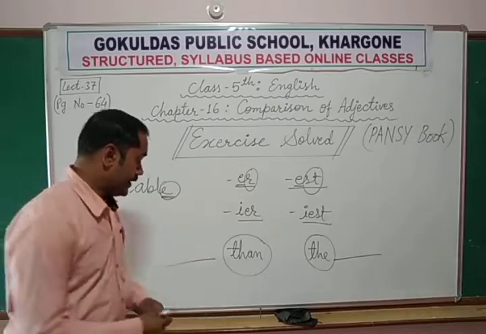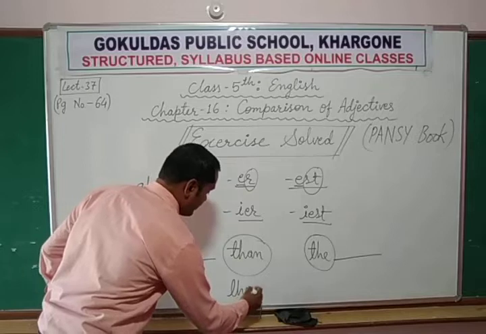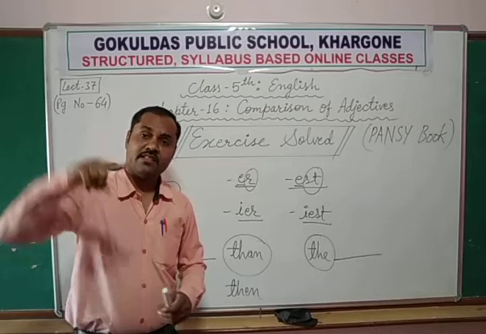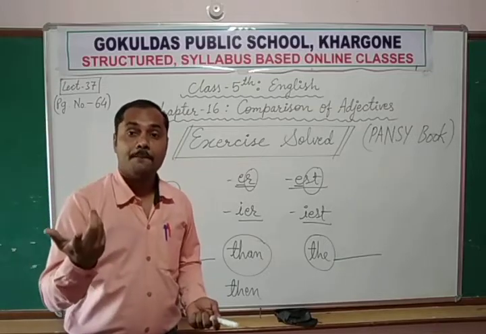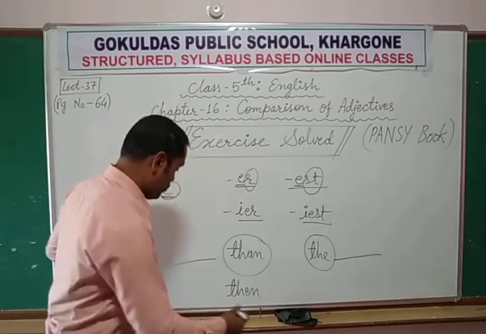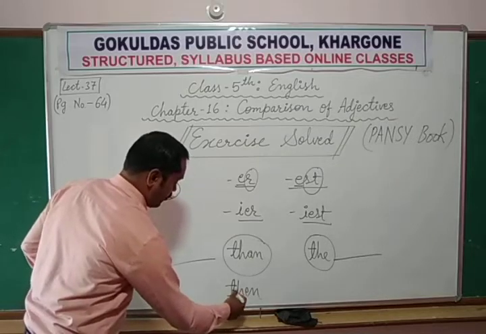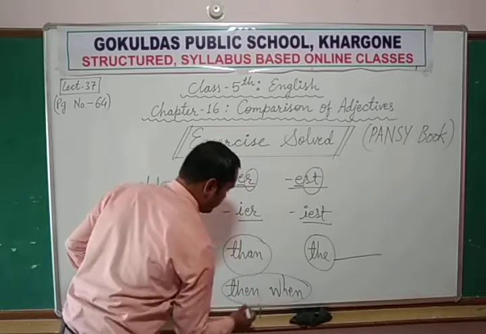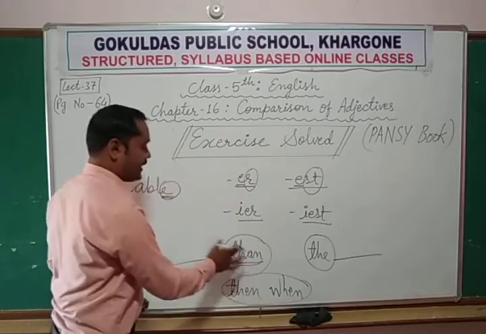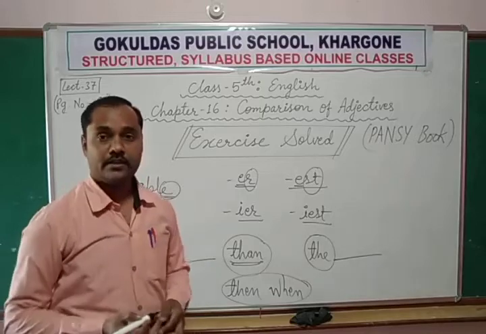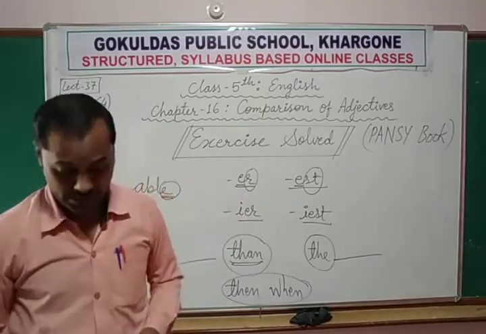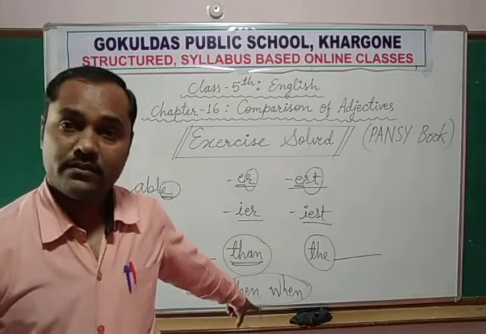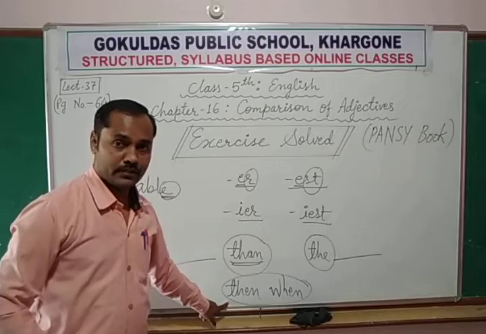But then is used for time. Then, tau. When, cup. Then, tau. So then and when are used to show time. And than is used when we need to compare two things. So here we will find than. That we don't need now. Okay, when and then.